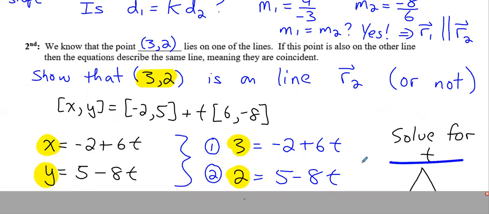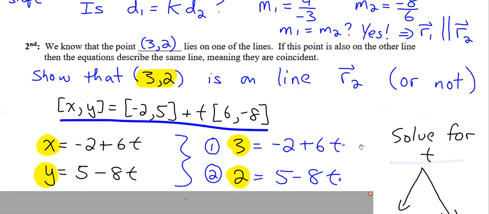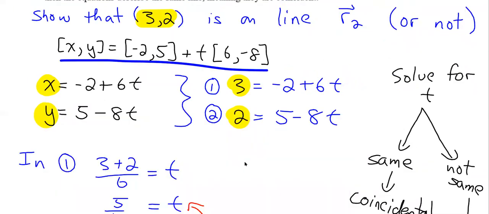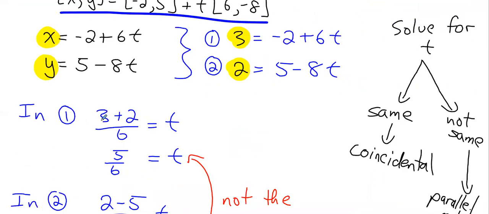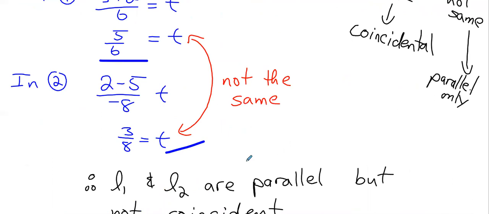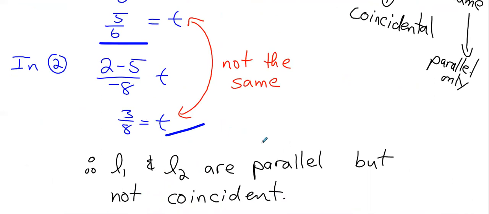And if we get the same t value when we solve, then we know that the point (3, 2) is on this line as well. Okay, and through a little bit of solving, we wind up getting 2 different t values. So we can say that the lines are parallel, but they're not coincidental because one point is not also on the other line.